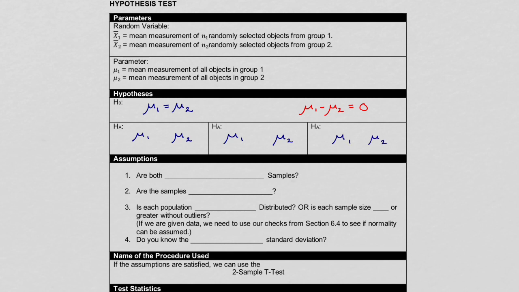And then I'm going to come through and we could do a left tail test, we could do a right tail test, or we could do a two-tailed test. If you would like, you could also look at this from the perspective of a subtraction. So again, I'm going to go ahead and write the subtraction option in here as well.